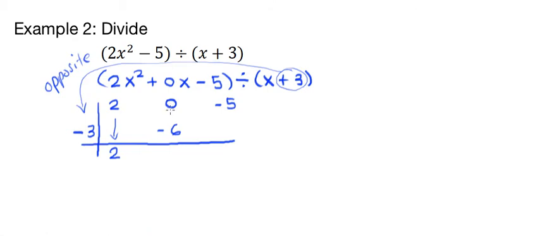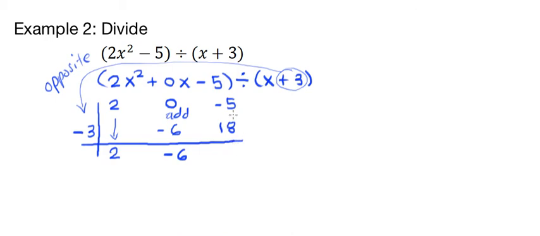Then we add these two guys, add 0 plus negative 6, let's write this word add here for you to remember, is minus 6. Then we multiply again, negative 6 times minus 3 is positive 18.